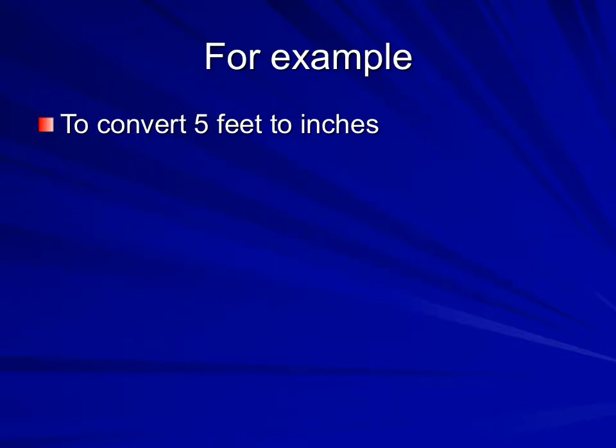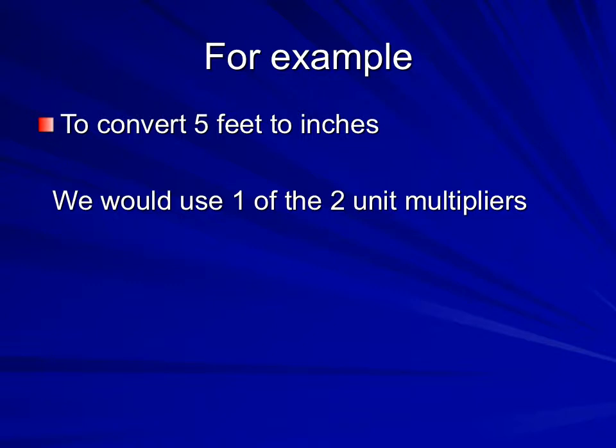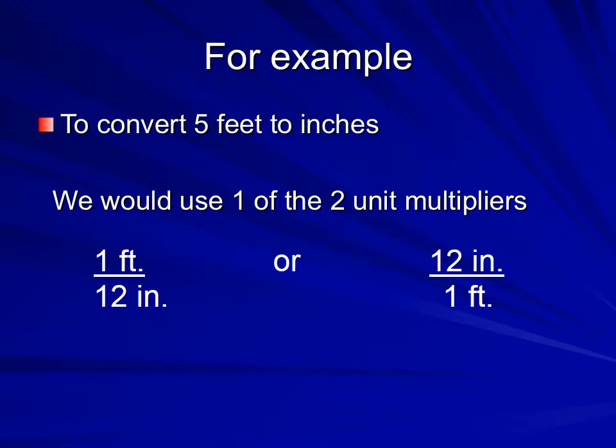Now let's take this for example: to convert 5 feet to inches. First thing, I would use one of two multipliers. Since we're going from feet to inches, the possibilities are 1 foot over 12 inches or 12 inches over 1 foot. What determines whether we use the multiplier on the left or the one on the right comes back up to our question.